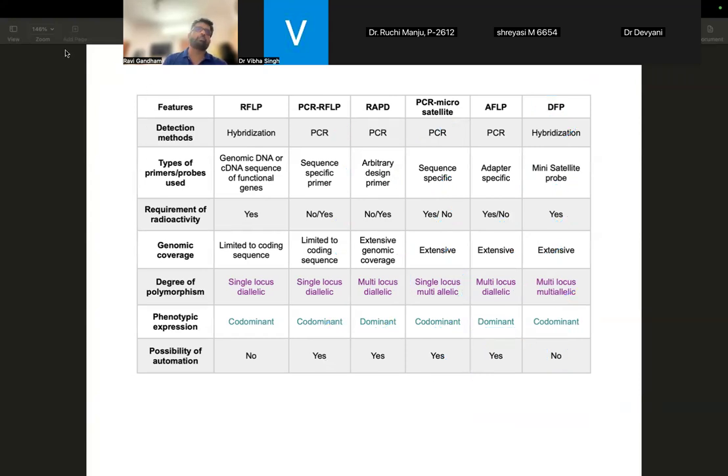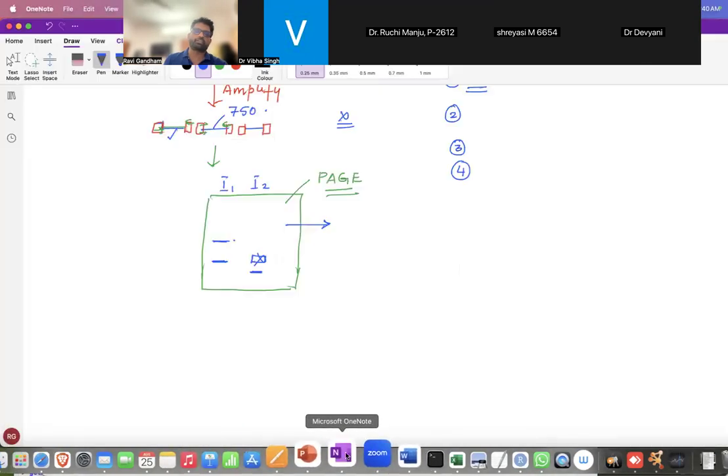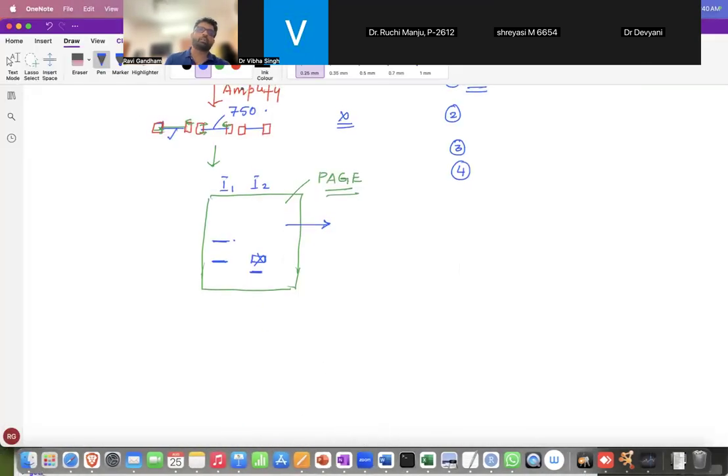And one last thing before we leave today, right? One last thing that I wanted to discuss is, yes, we'll write the names of the persons who actually discovered these. The first one, as we remembered, is RFLP.